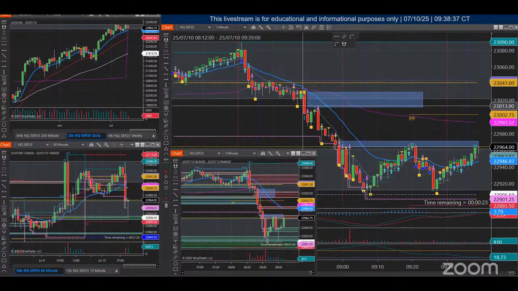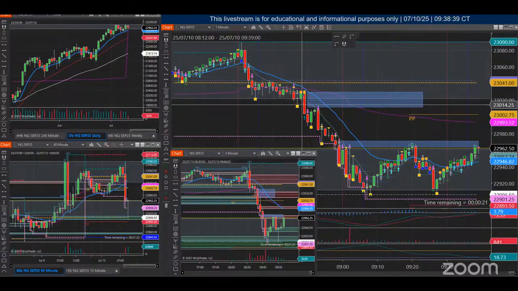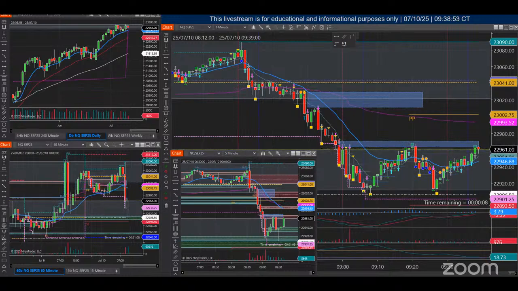So even a simple breakout would have worked there. Uptrend.